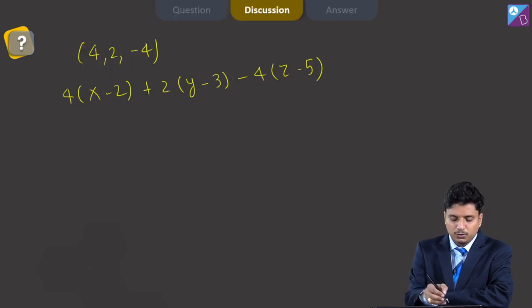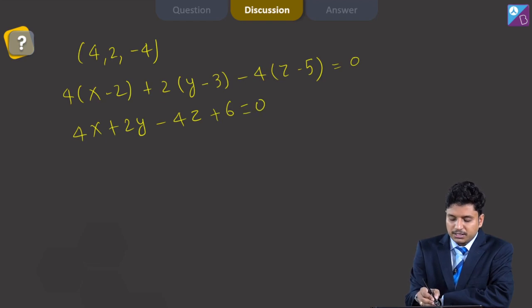So it is passing through 2, 3 and 5 and has these direction ratios of the normal, 4, 2, minus 4. This equation should be equal to 0. So what is the equation? 4x plus 2y minus 4z, it is minus 8 minus 6, that is minus 14 plus 20, which is equal to 6. So this is the required equation of the plane.